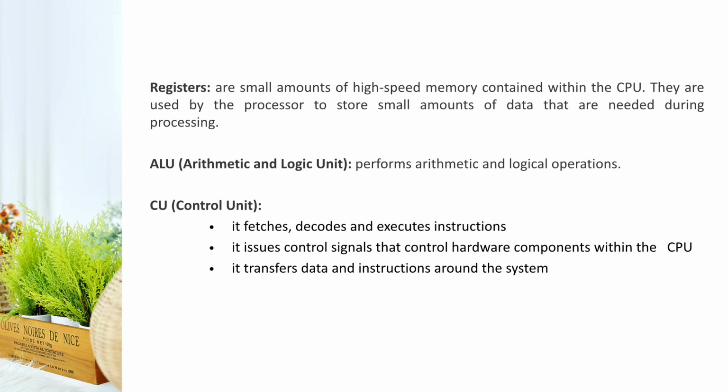They are used by the processor to store small amounts of data that are needed during processing. For example, we may need to store the intermediate result, or the address of the next instruction. For all that, we are using registers. These come under the CPU, but it is a type of memory.